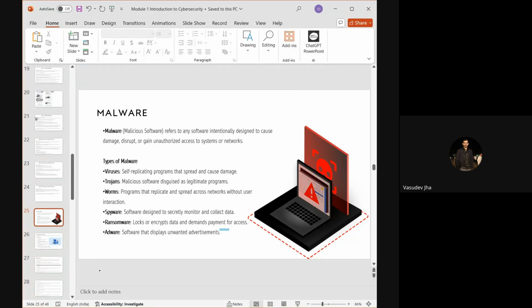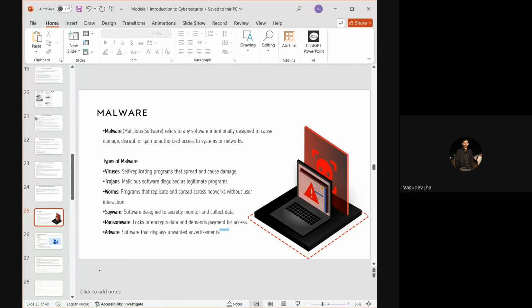Now we have Trojan. There's a story behind Trojan. Simply, I will refer to the Trojan horse story; you can Google it and read. So basically, Trojan is malicious software designed as a legitimate one, hidden under legitimate software. Then we have spyware. These softwares are designed to secretly monitor and collect data, for example, keyloggers.